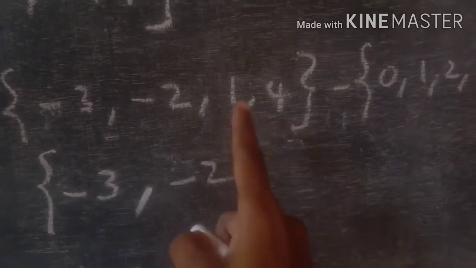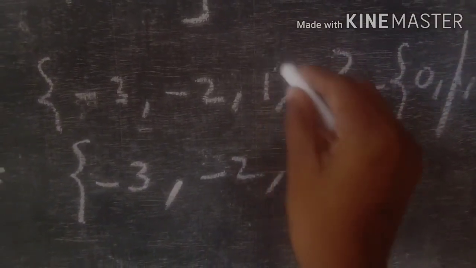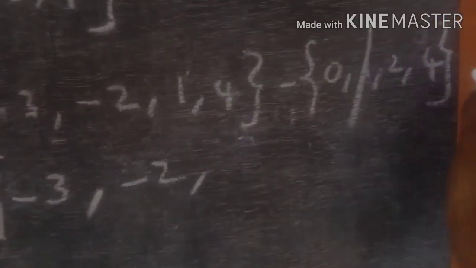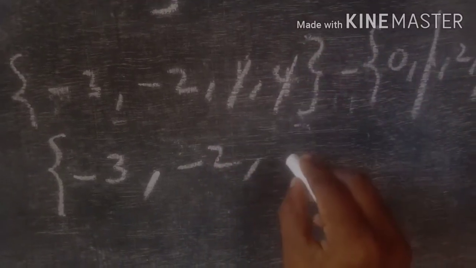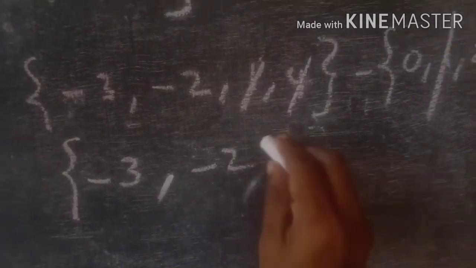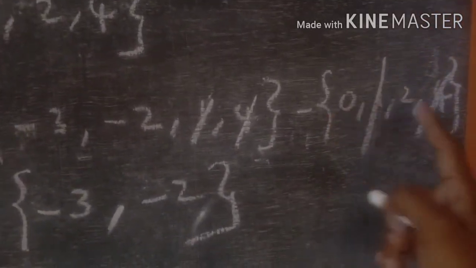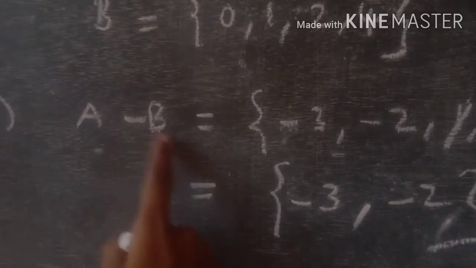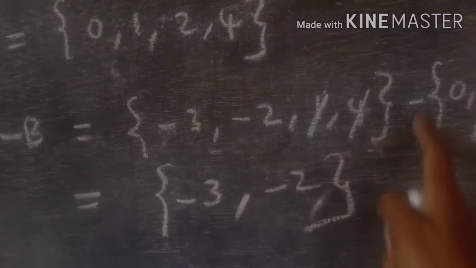Next, 1 is there, so you have to cancel. Okay, next, 4 is also there, so you have to cancel. So now this is the only answer. You don't write 0 and 2, because A difference B means you have to write the answer of the first set.